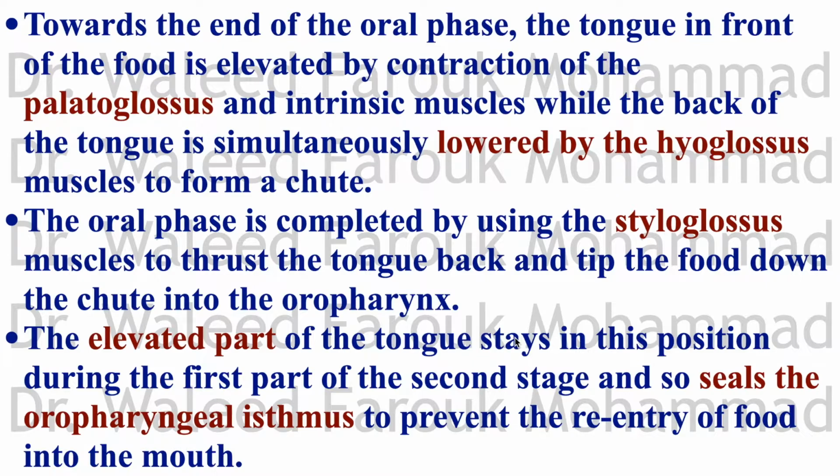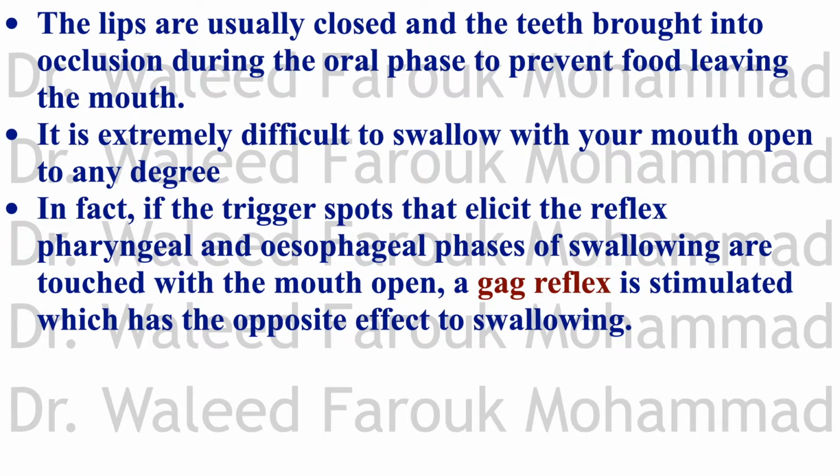So it seals off the oropharyngeal isthmus to prevent the re-entry of food into the mouth. The lips are closed and the teeth brought into occlusion. That's why it's extremely difficult to swallow while the mouth is open to any degree.